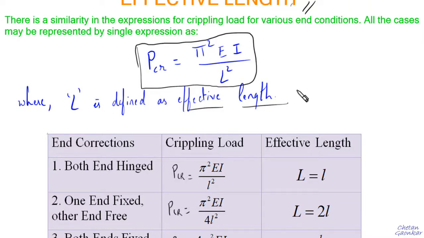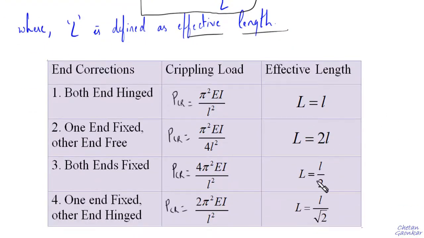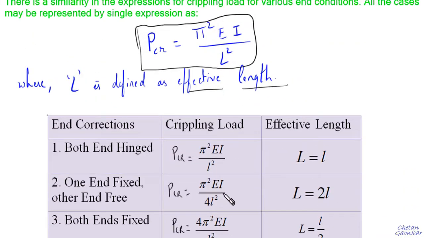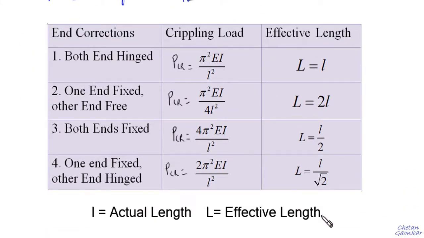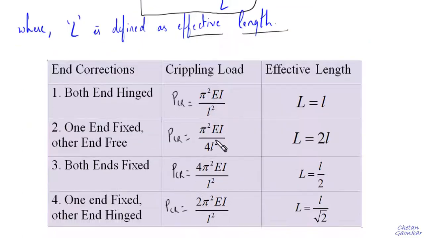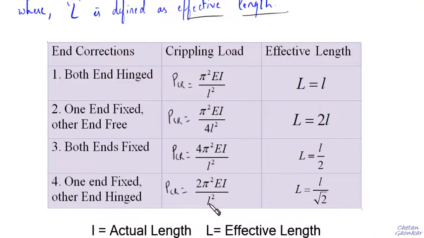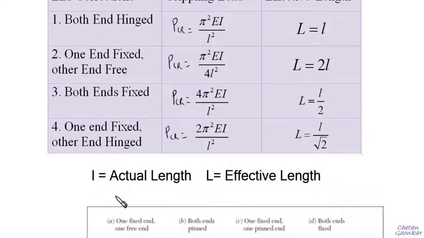So basically what I'm trying to say is, for the case when one end is fixed and the other end is free, the effective length becomes 2L. And similarly, if I substitute L by 2, I will get this formula, and if I substitute L by root 2, I will get the critical load formula for one end fixed and the other end hinged.